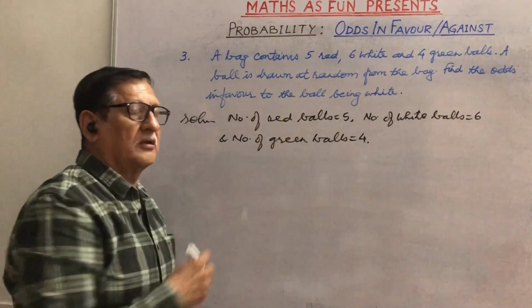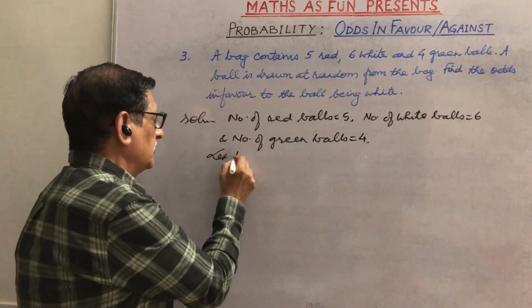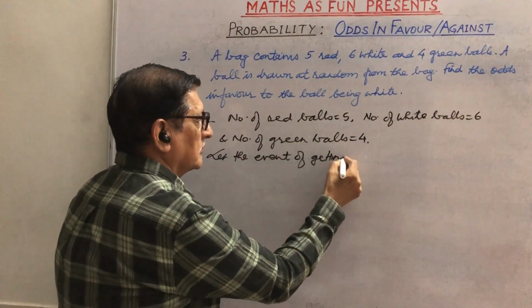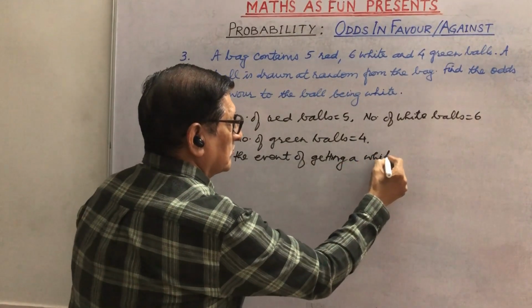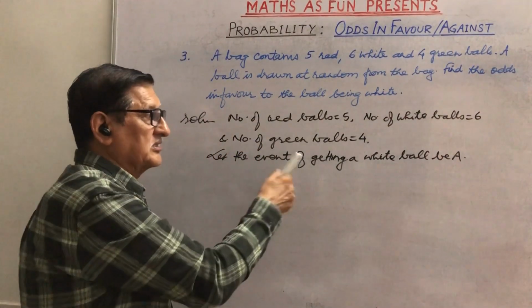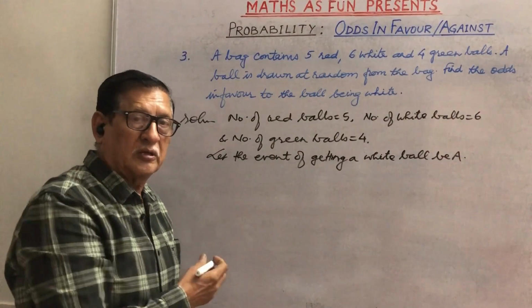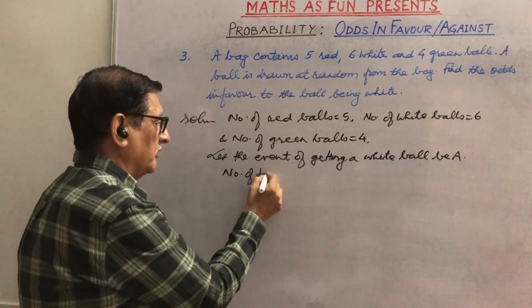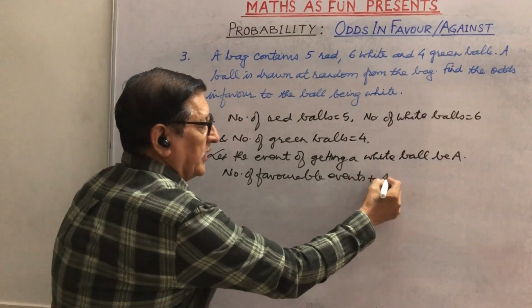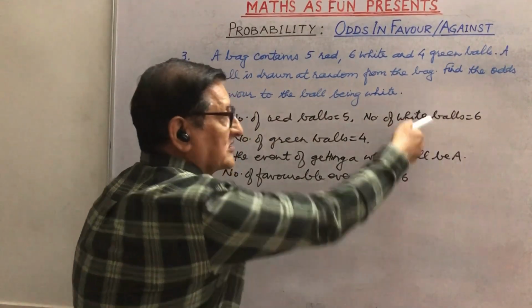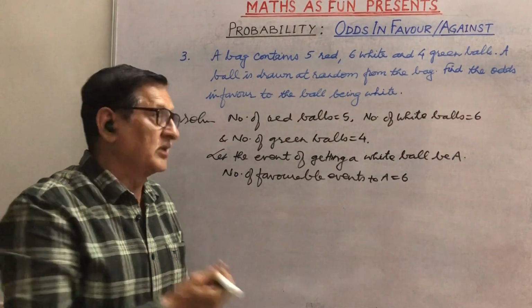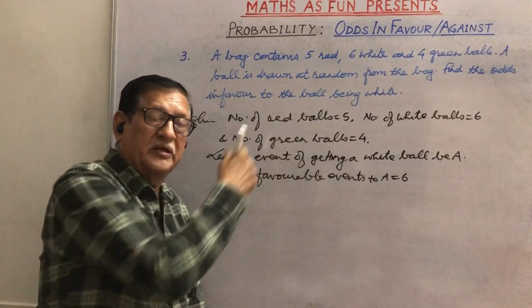We want to find a white ball. So let the event of getting a white ball be A. Then what is the number of events favorable to A? Number of favorable events to A will be 6, as there are only 6 white balls. And if we are not getting a white ball, then either it will be a green ball or it will be a red ball.